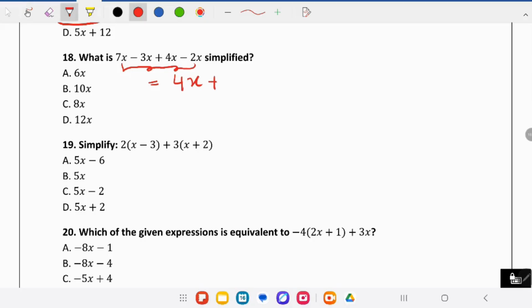And over here, I can subtract 4x minus 2x, which is 2x. 4 minus 2, 2x. And this is 4 again. I can simplify them. 4x plus 2x, which is 6x. A.